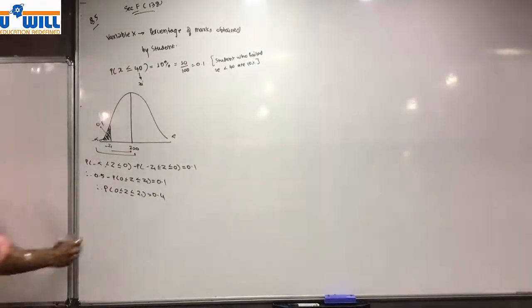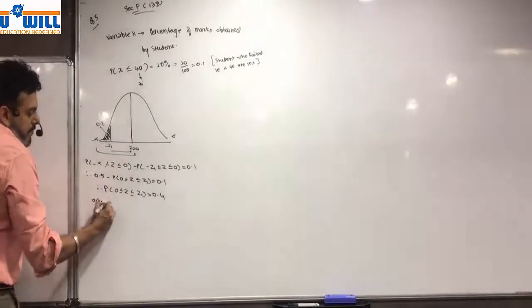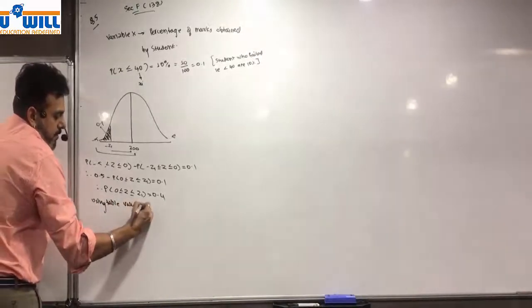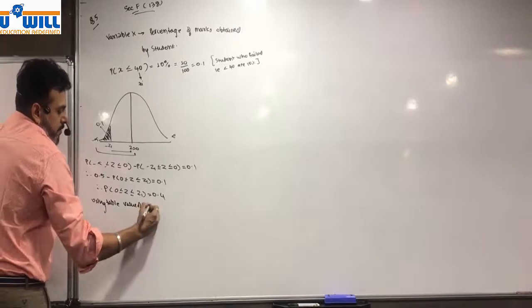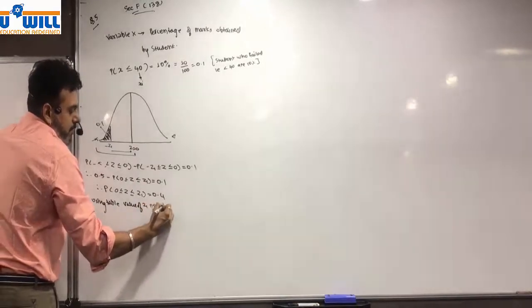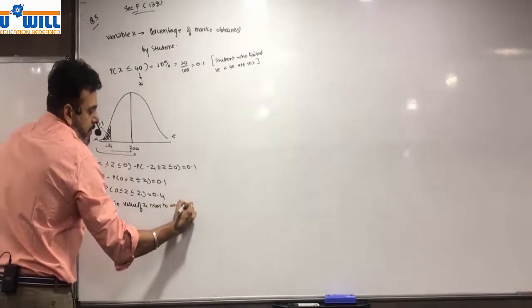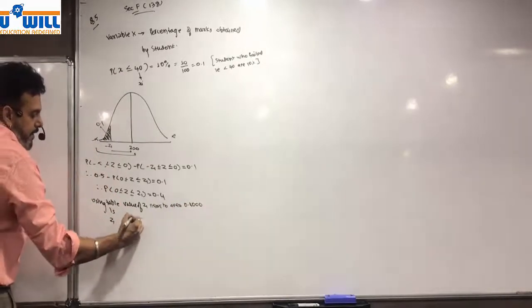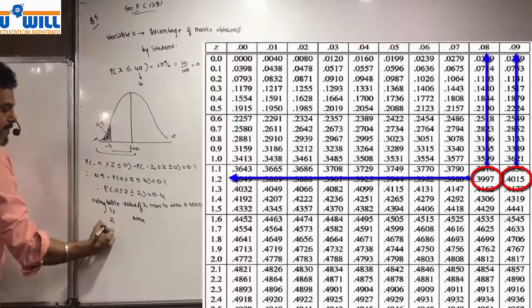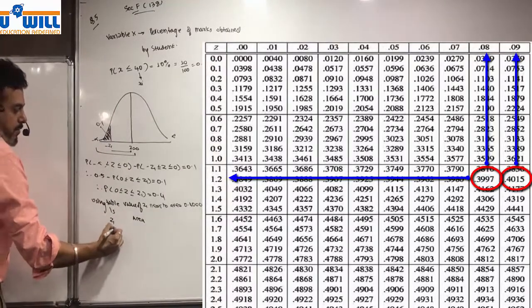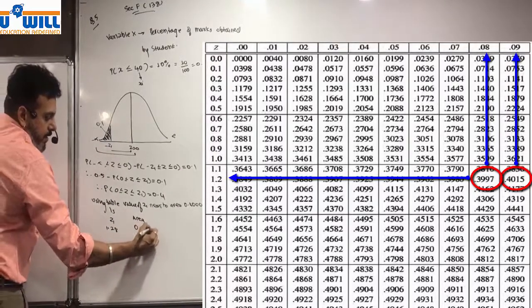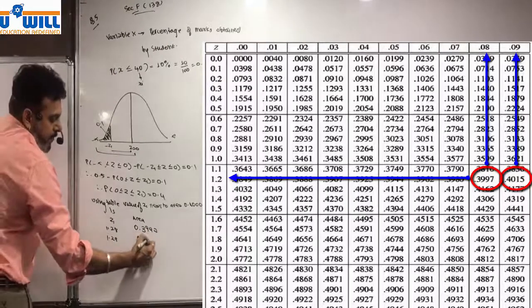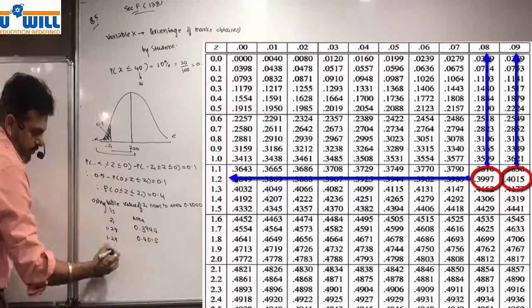Now using table, value of Z1 near to area 0.4000. Can you tell me what is Z1? 1.28, 0.3997; 1.29, 0.4015.